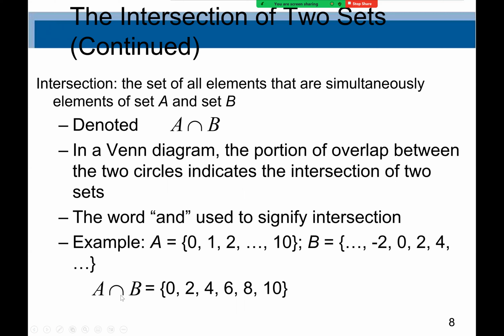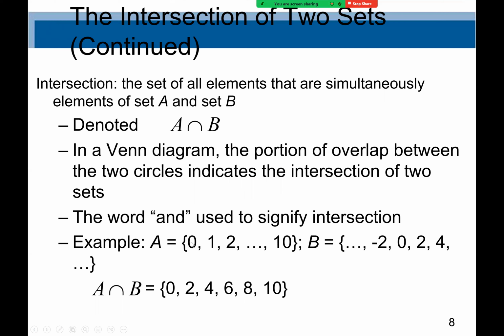Now, to find the intersection of A and B, it means we want to see the elements that are in common in both sets. So we can see that here, 0 is common, 2 is common, 4. Set A will start from 0 to 10. Set B starts from negative infinity to positive infinity.